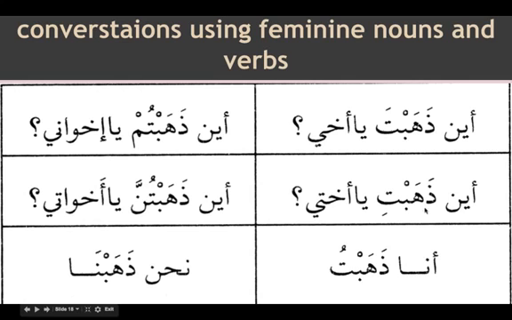If it is feminine, we say أين ذهبتِ يا أختي, where did you go, my sister. أين ذهبتن يا أخواتي, where did you go, my sisters. So we say أنا ذهبت, نحن ذهبنا. So this is our practice for fa'il and fa'il for masculine and feminine.